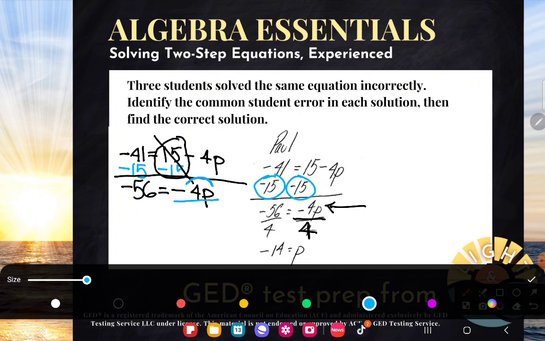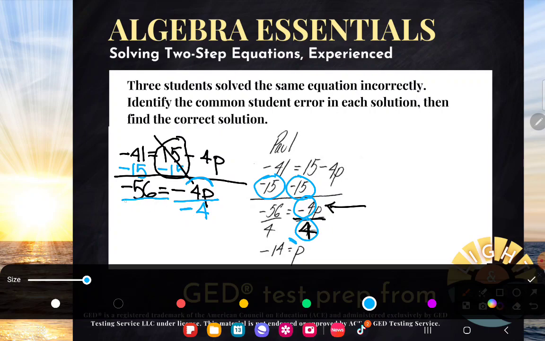But Paul did not divide by exactly what he wants to get rid of. If I want to get rid of a multiplier of negative 4, then I need to divide by negative 4. If I do what Paul did, negative 4 divided by 4, I'm going to be left with a negative sign hanging out. P won't be alone. P will be negative, and I'll have more work to do.